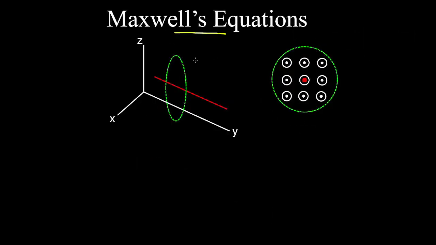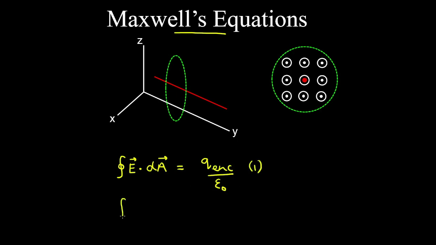Maxwell's equations are a collection of equations that fully describe electromagnetism. And so far, the first of Maxwell's equations is Gauss's law, which states that the electric flux through a closed surface is equal to the charge enclosed in that surface on the permittivity of free space.